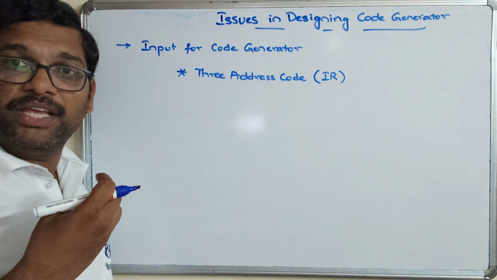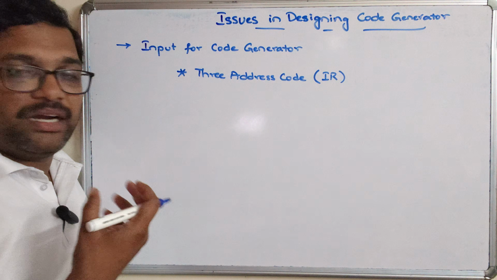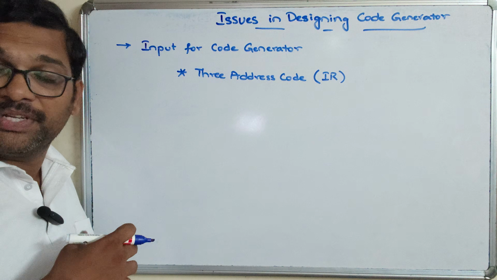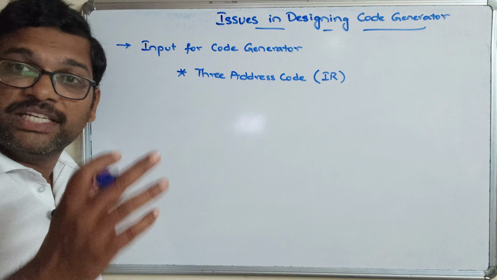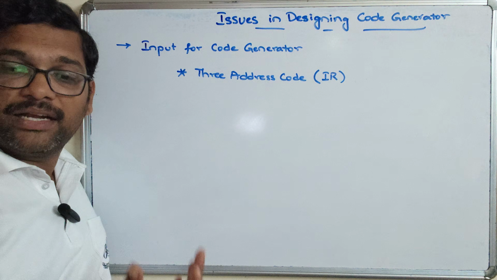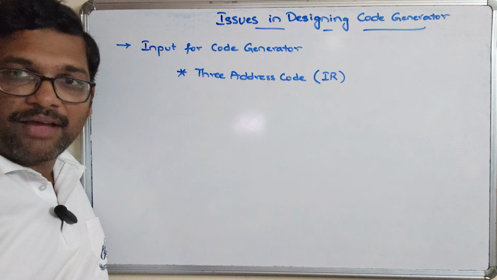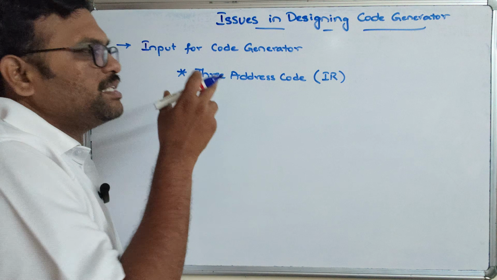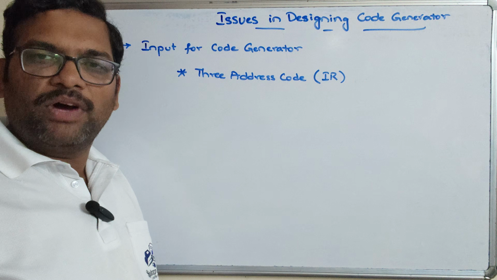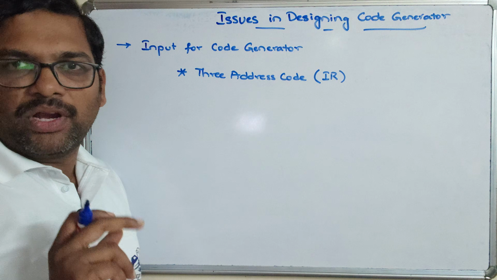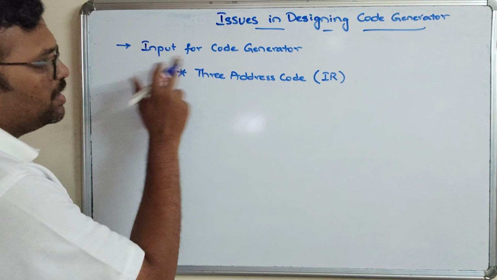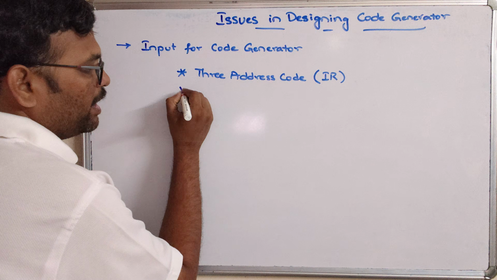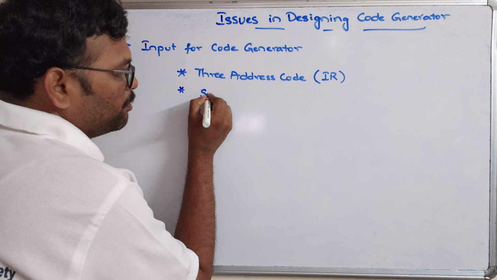The code can be represented in different ways: postfix notation, 3 address code, syntax tree, as well as a directed acyclic graph. There are a lot of representations. Among these, the 3 address code is the optimized one to generate the target code. So the first input is a 3 address code, and also the symbol table.